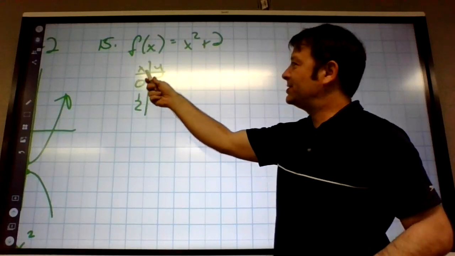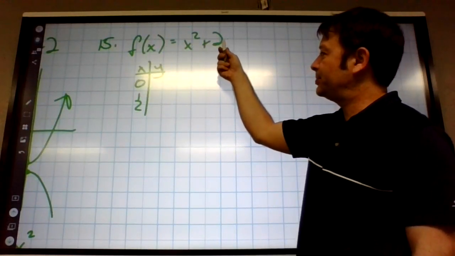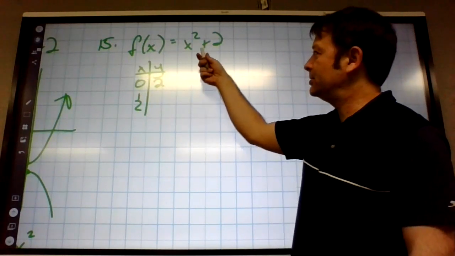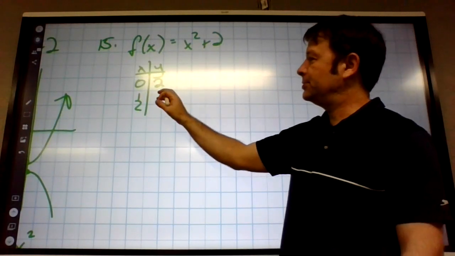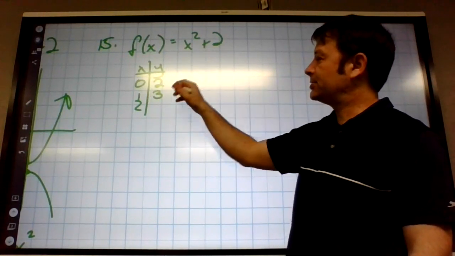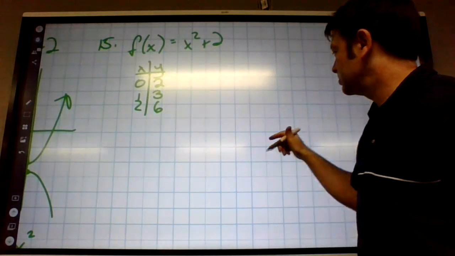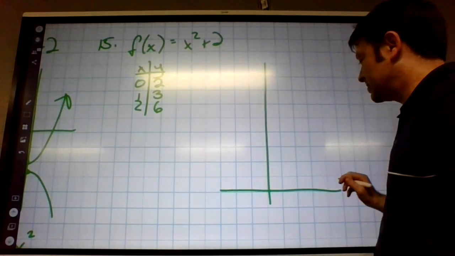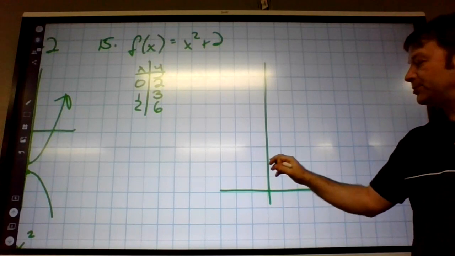Now if I plug in 0, what do I get? 0 squared plus 2 is 2. If I plug in 1, 1 squared plus 2, and 2 squared plus 2. So let's graph those. So 0, 2 is where we're starting.